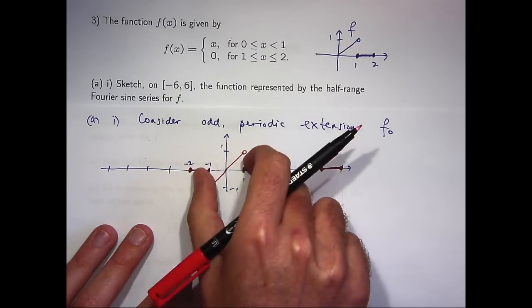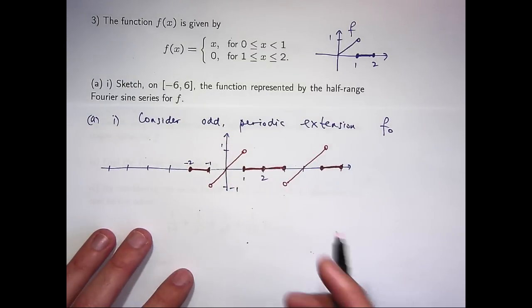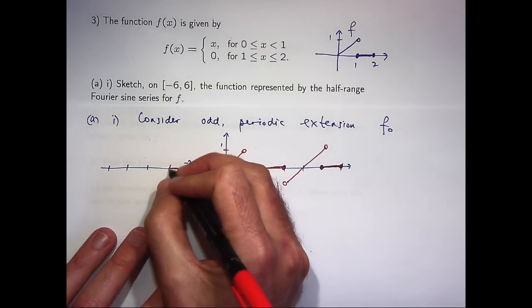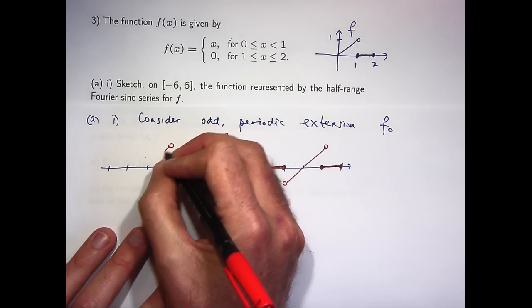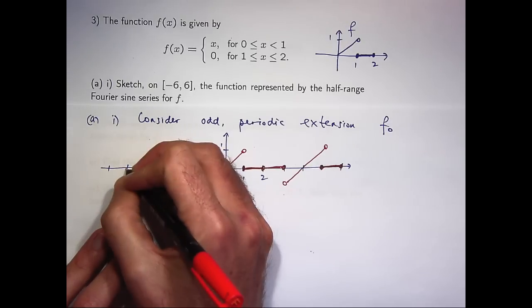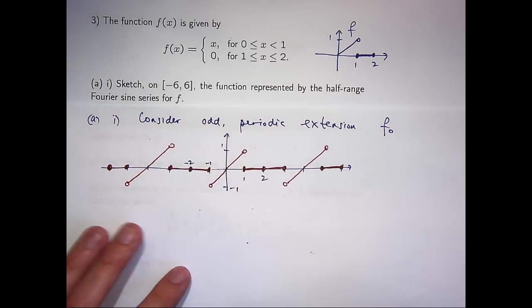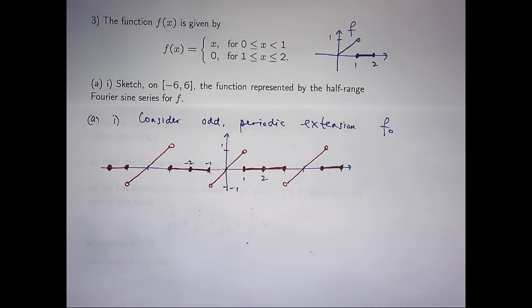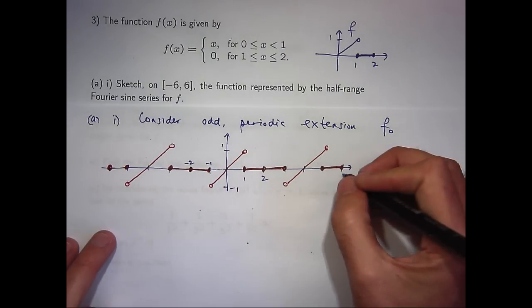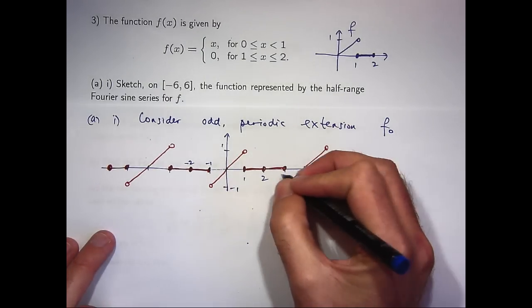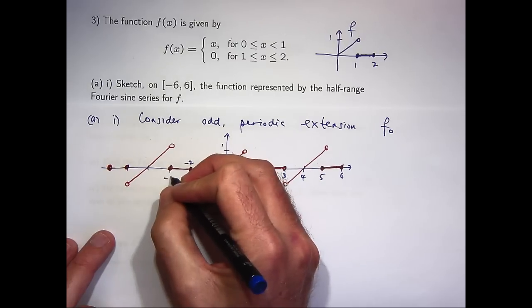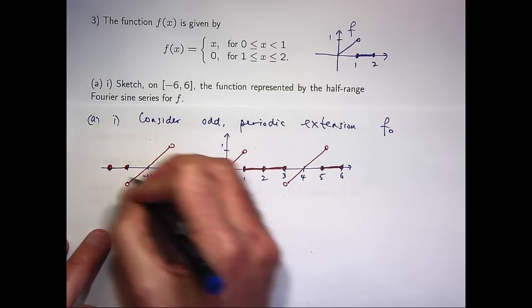If I copy this, move it 4 units and paste, then I get the following. Okay, so let me just put in the markers here.